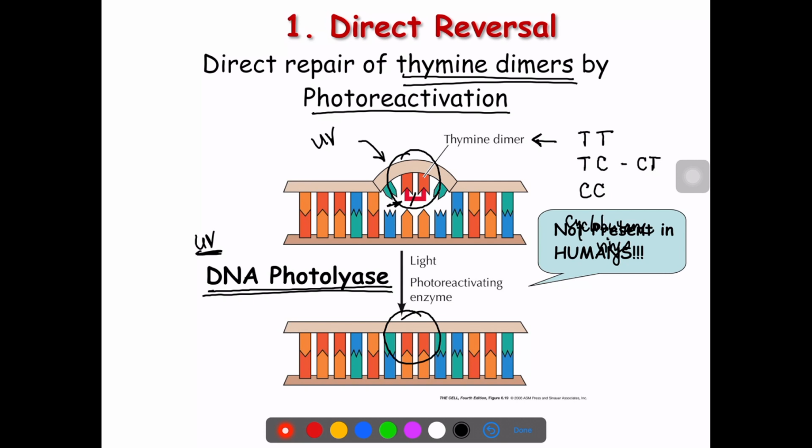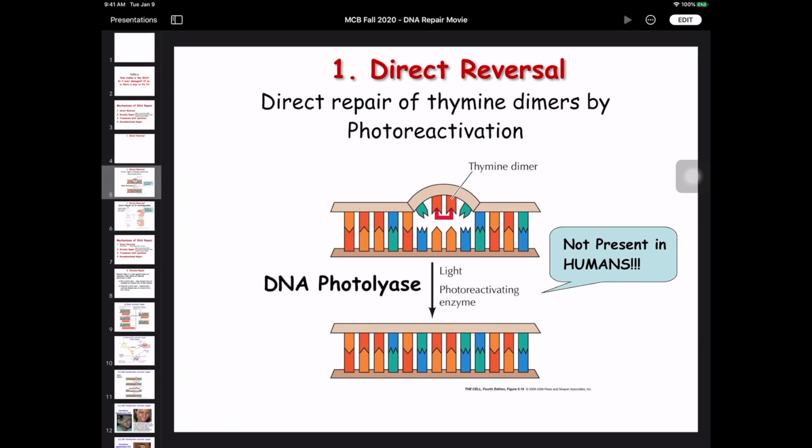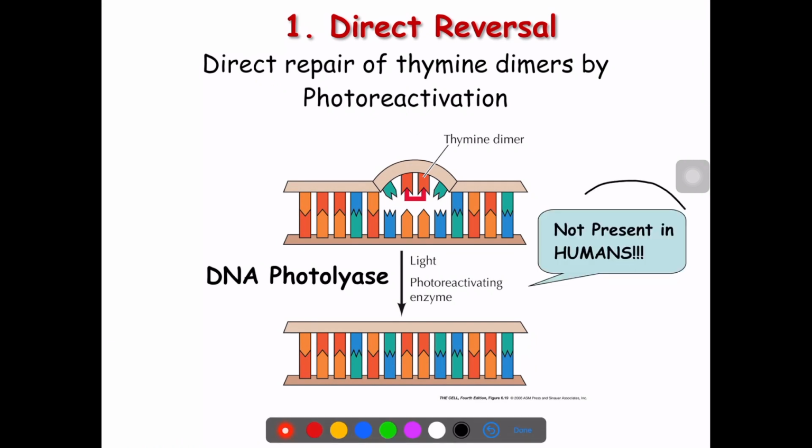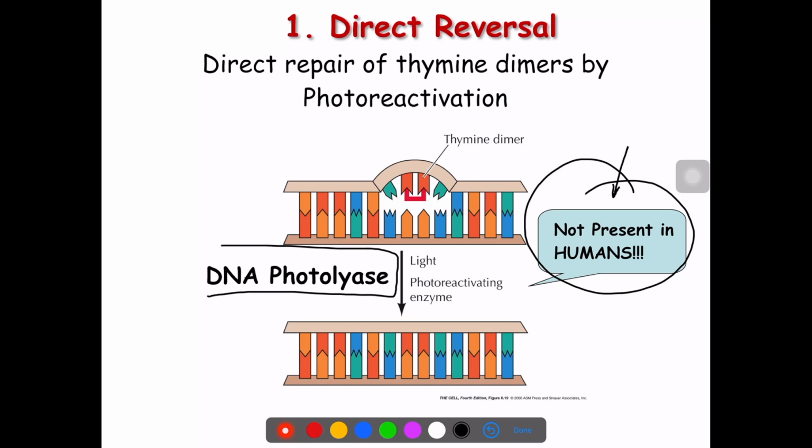However, the issue with this is that this particular mechanism of DNA repair is not present in humans. And this is kind of an interesting fact. There are many organisms that do encode this particular enzyme, but that enzyme is absent in all mammals.